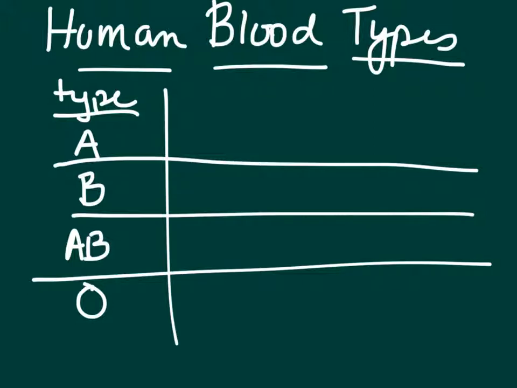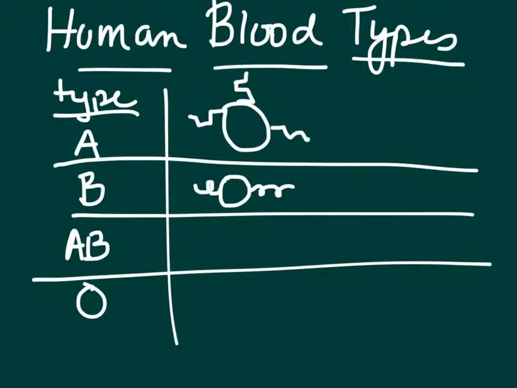So if you have genes that make type A blood, you have your blood cell that has one particular shape of protein that sticks out of the surface. And if you have type B blood, what sticks out of the surface is a different shaped protein. Here's the weird part.